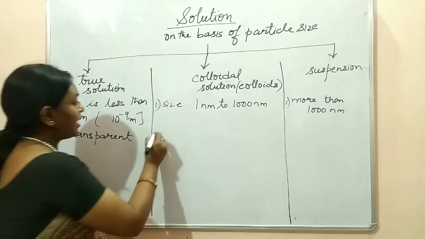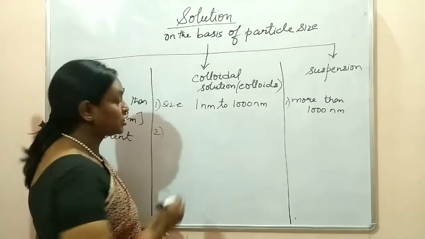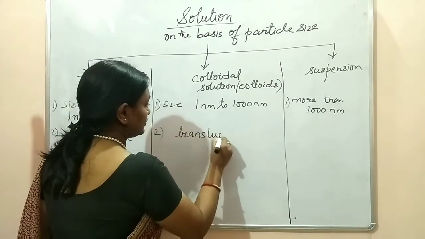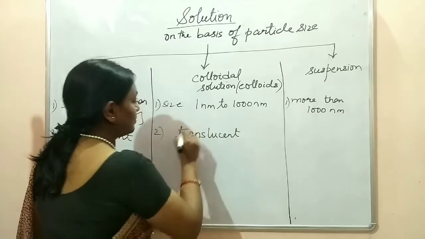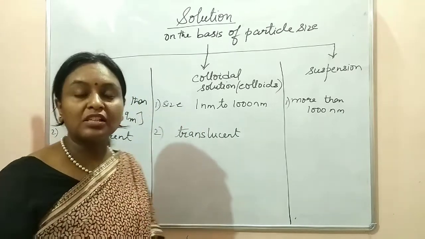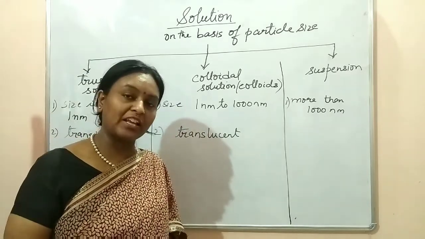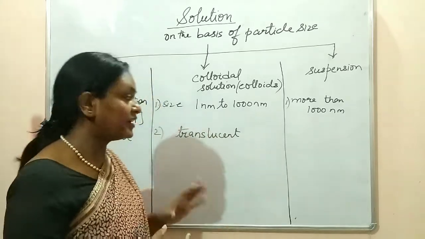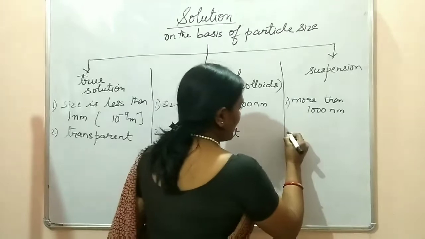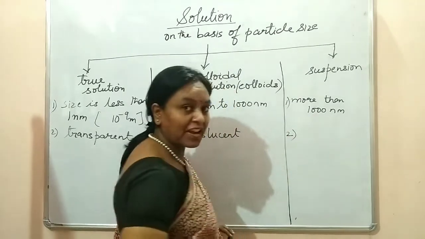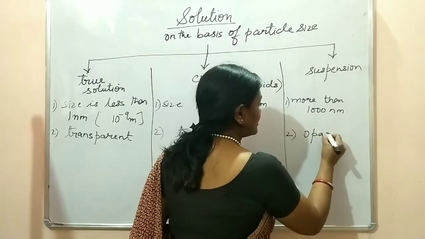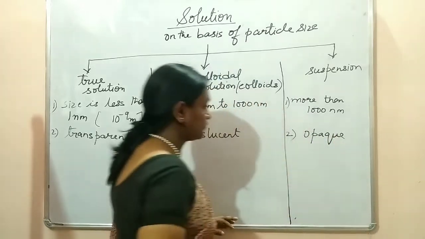Whereas colloidal solution is translucent, which means it allows light to pass through it partially. A small part of light is allowed to pass through it and the other part is blocked. Whereas a suspension is opaque. That means it does not allow light to pass through it.